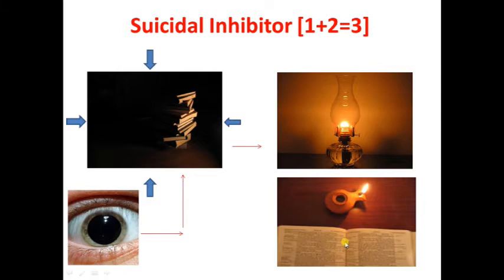If I want to summarize this and conceptualize the core of suicidal inhibitors and antibiotics and their role, come to this picture: there is a lot of darkness around. This is the enzyme which is produced by the organisms. It's trying to nullify the effect of the antibiotic by producing enzyme.